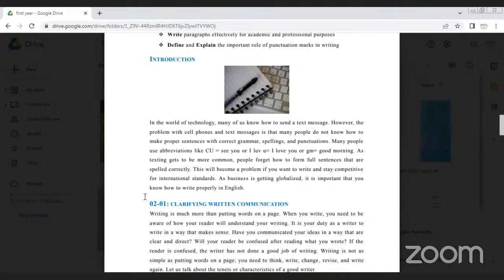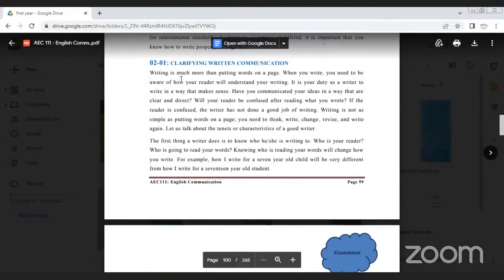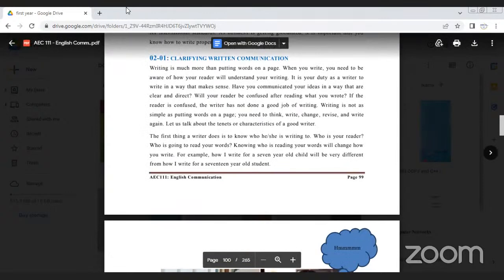This will become a problem if you want to write and stay competitive for international standards. As business is getting globalized, it is important that you know how to write properly in English. Let's see how to write properly in English language.